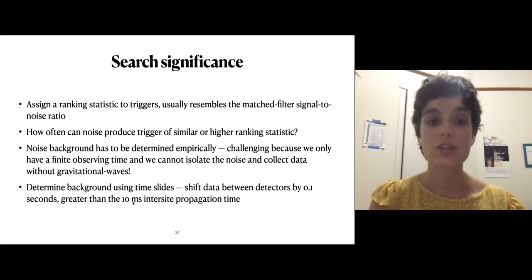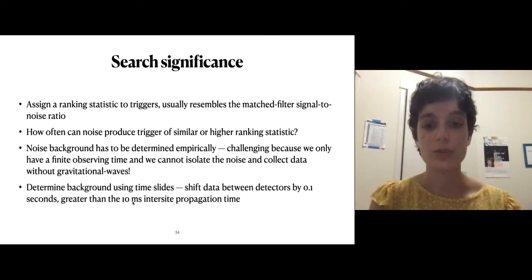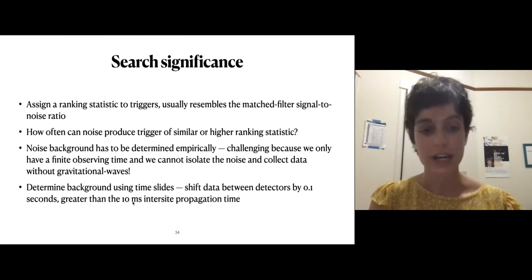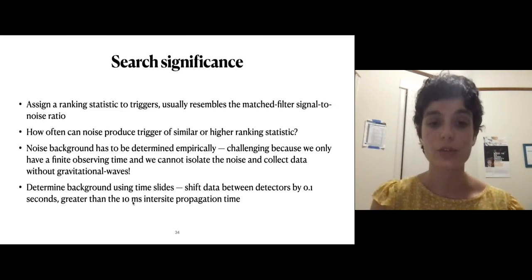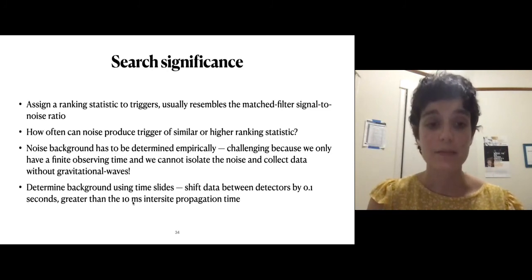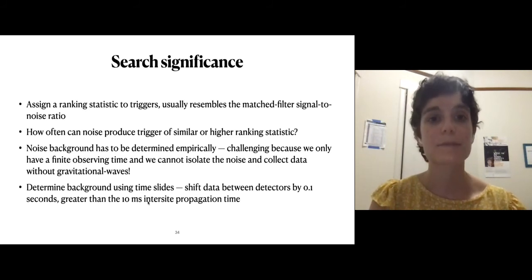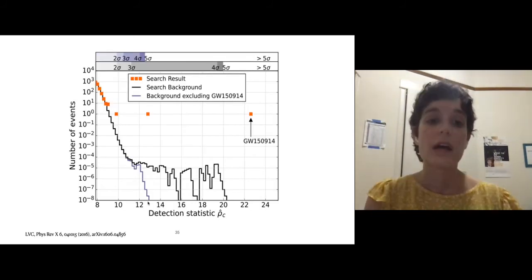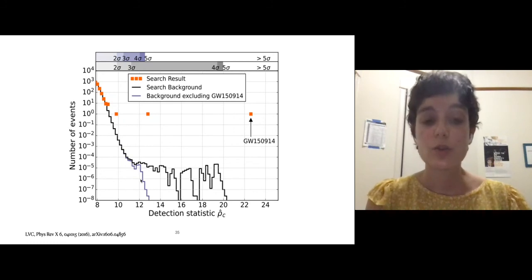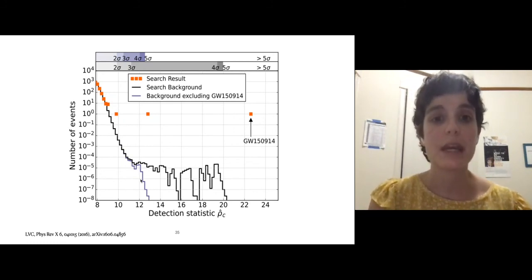Any coincident triggers between those two data sets are definitely noise, not gravitational waves, because gravitational waves would not be able to appear at the same time in that time-shifted data between the two detectors. So that's how the noise background is estimated.